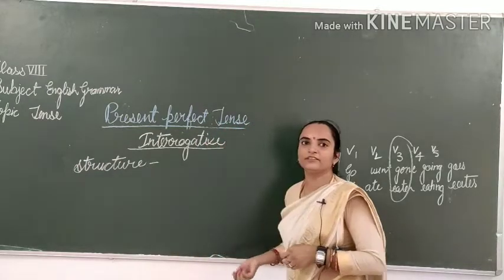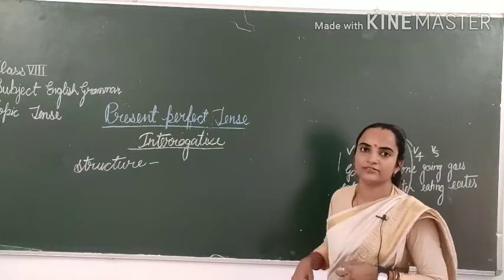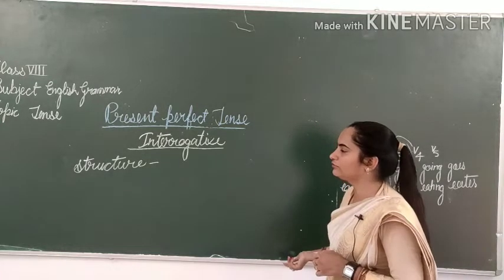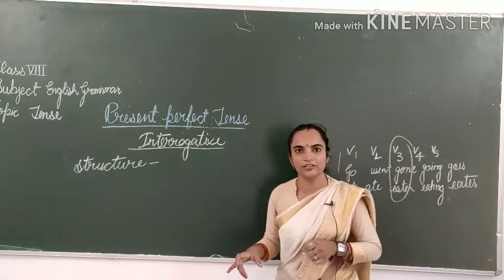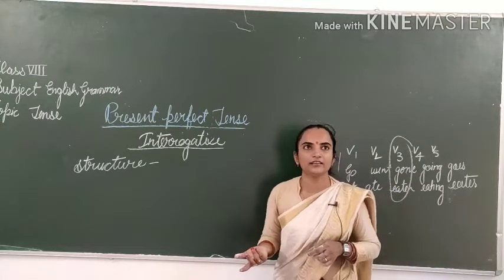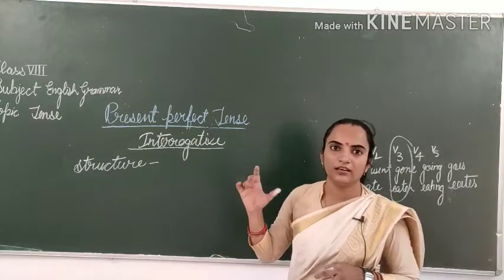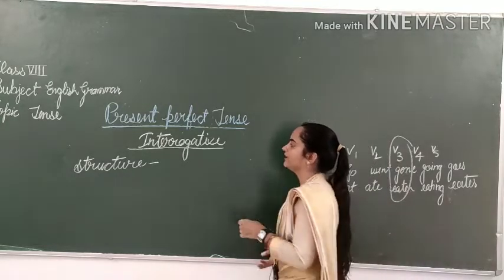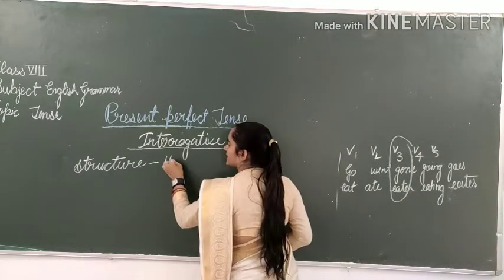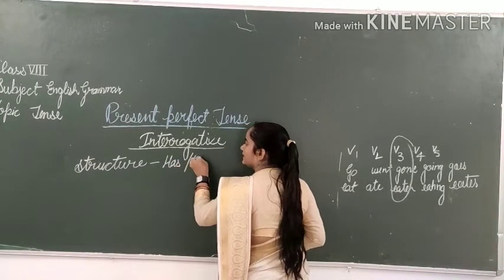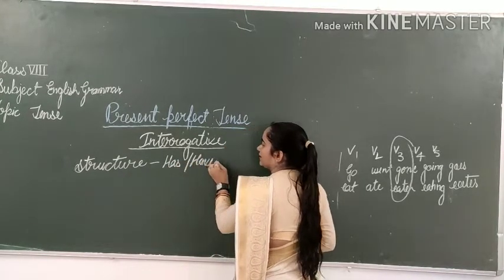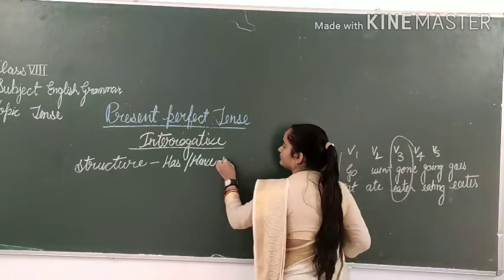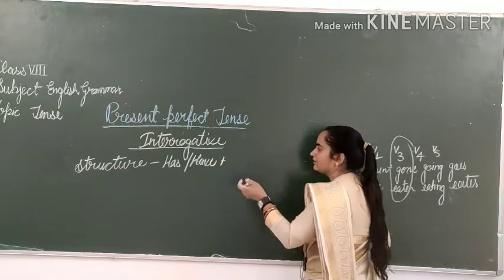What will become first in interrogative sentence? Firstly, if we start with WH word, so WH word will become first. If we start our question with helping verb, what will become first? Has or have, and its first letter will be capital when we start our question.